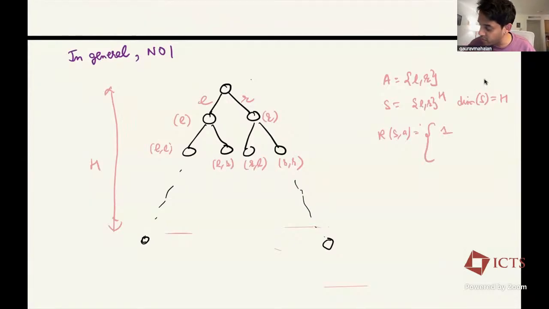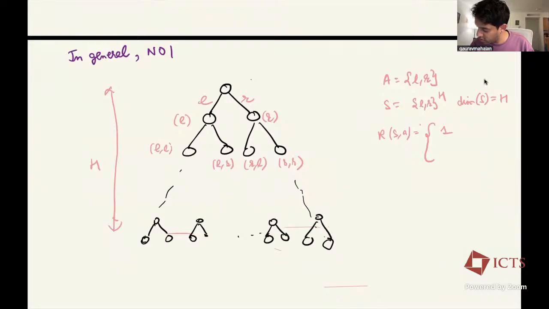So for example, say this one returns reward 1, only for this purple edge, and 0 everywhere else.